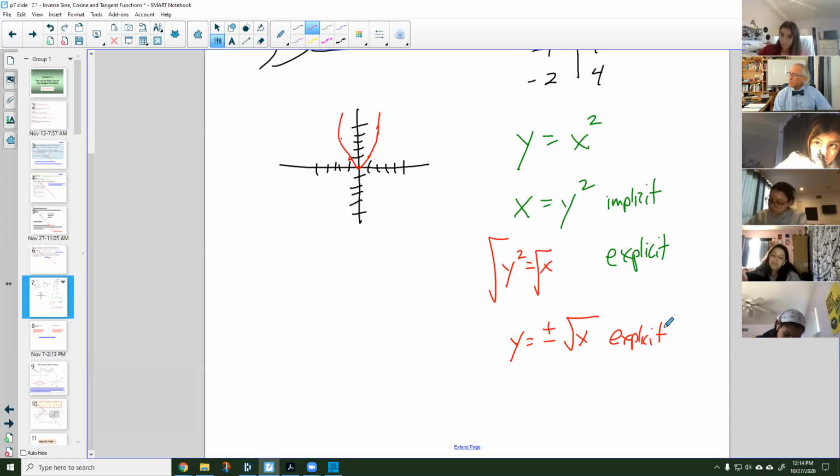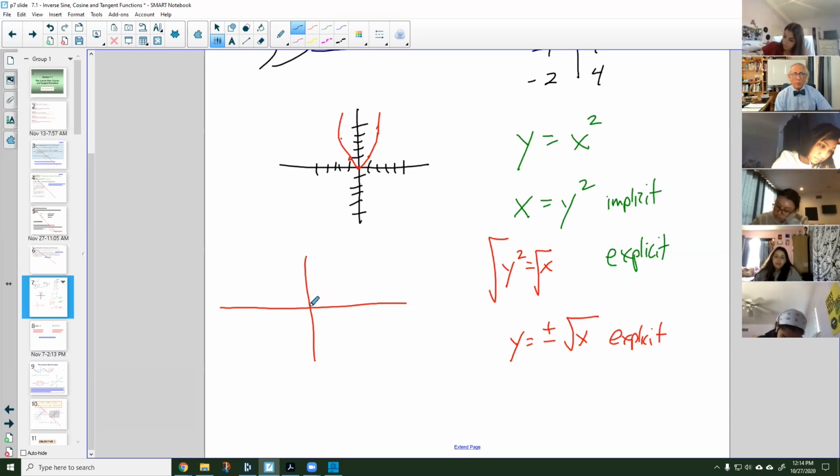Everybody with me still? Okay, but we have a little problem with this relation. If I am going to graph it, I have plus or minus the square root of x.